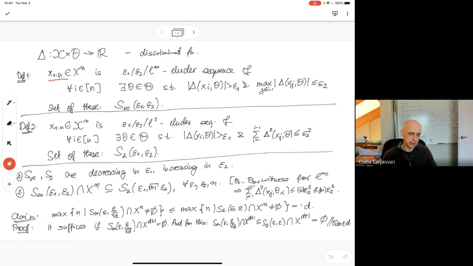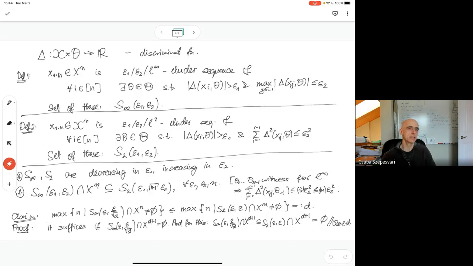And so we can say that x1 to xn is an epsilon1, epsilon2 L infinity Eluder sequence if for all indices between 1 and n, there exists a parameter vector theta in such a way that we are surprised to see the ith data point, so the discriminant there takes a big value, whereas for all the previous data points, the discriminant took a small value, okay? So there is still a surprising observation to be made.